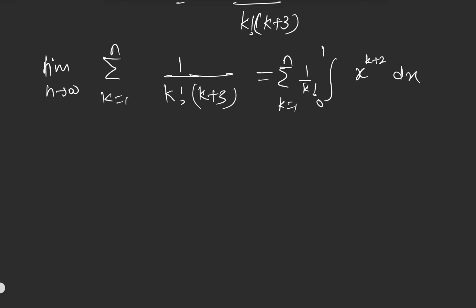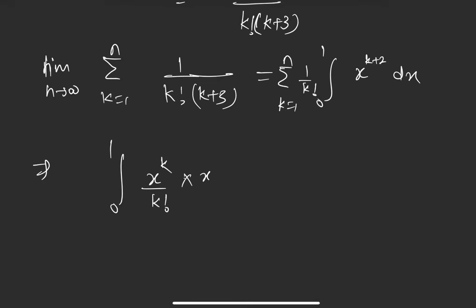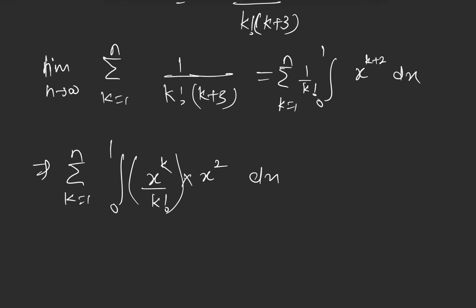Okay, so now this 1 by k factorial I can bring inside also. So it is actually integration 0 to 1 x power k by k factorial, x power k plus 2 is there, so that x power k plus 2 I'm writing as x square here and dx here. Okay, and if you see, this is already sigma k equals 1 to n.